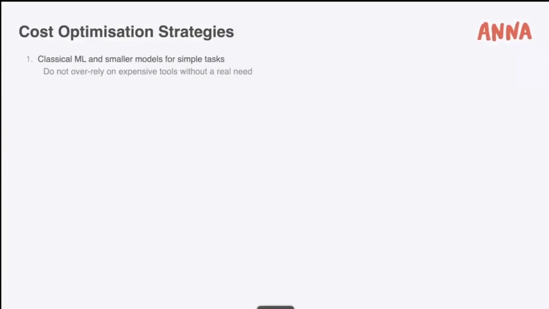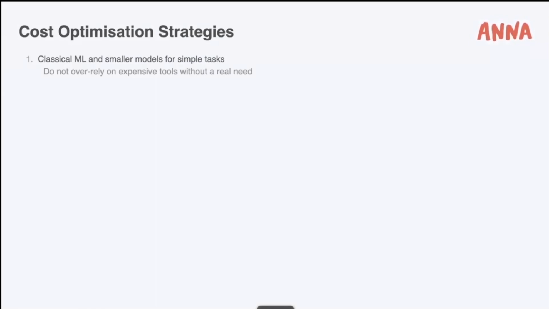So let's formalize some strategies we have so far. Please do not over-rely on expensive tools without a real need. There are classical machine learning models, and smaller language models for simple tasks.